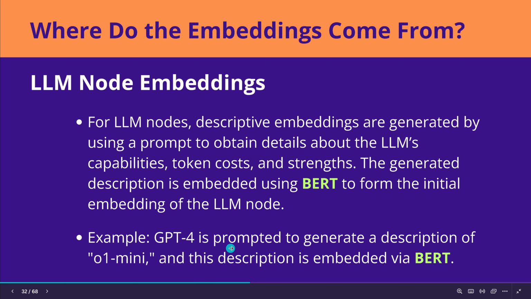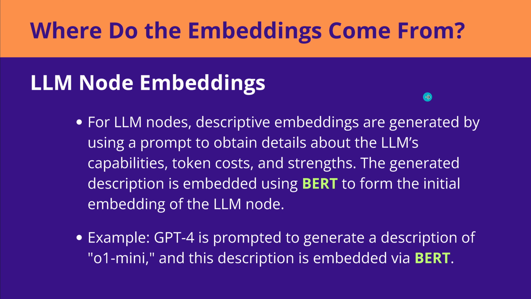And then this textual description generated by an AI is the input into a sentence transformer model, and this sentence transformer model outputs a specific vector representation in a specific created vector space, and this is what we call an embedding of this particular information. So you see, we have quite a lot of LLMs interacting with other LLMs, passing information through a sentence transformer just to create the initial embedding of the nodes.